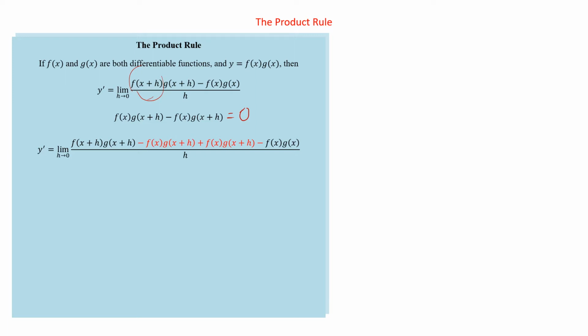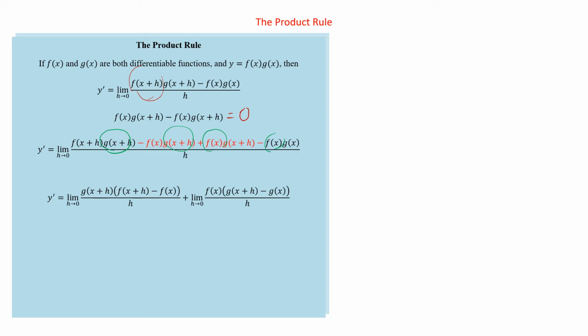But what that allows us to do is we can factor some stuff out. Because this first piece has a g of x plus h, and the second piece has f of x in both of them. So we can factor those guys out. And we have g of x plus h times f of x plus h minus f of x, and then f of x times g of x plus h minus g of x, all over h.